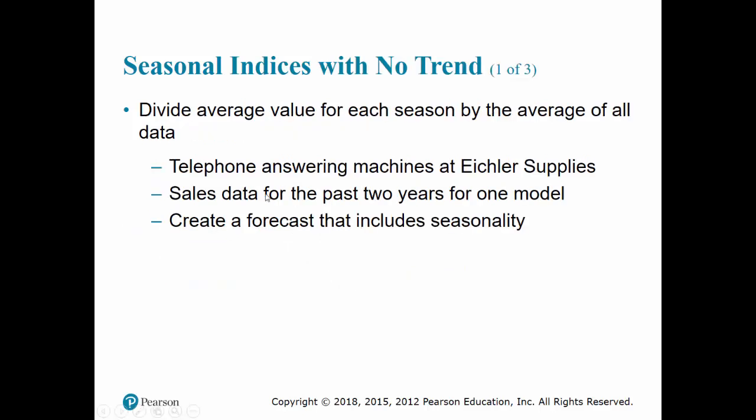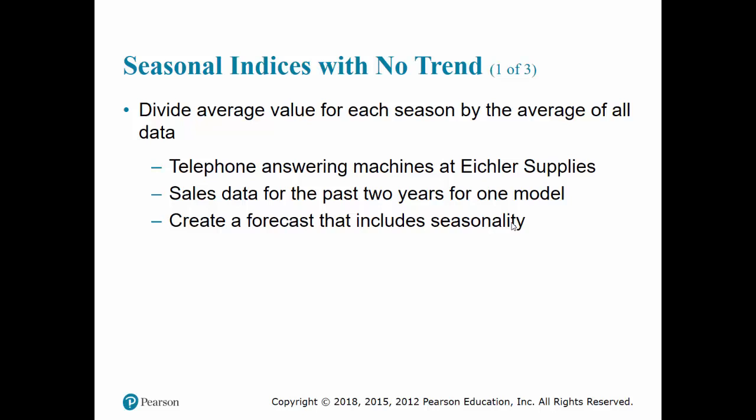Okay, we're going to use the telephone answering machines example. We have sales data for the past 2 years. Again, for us to be able to compute seasonal index values, we have to have at least 2 full cycles of data. If all you have is one cycle, there is no way of computing seasonal index from that. Well, it would be very unreliable, at least in the averaging case.